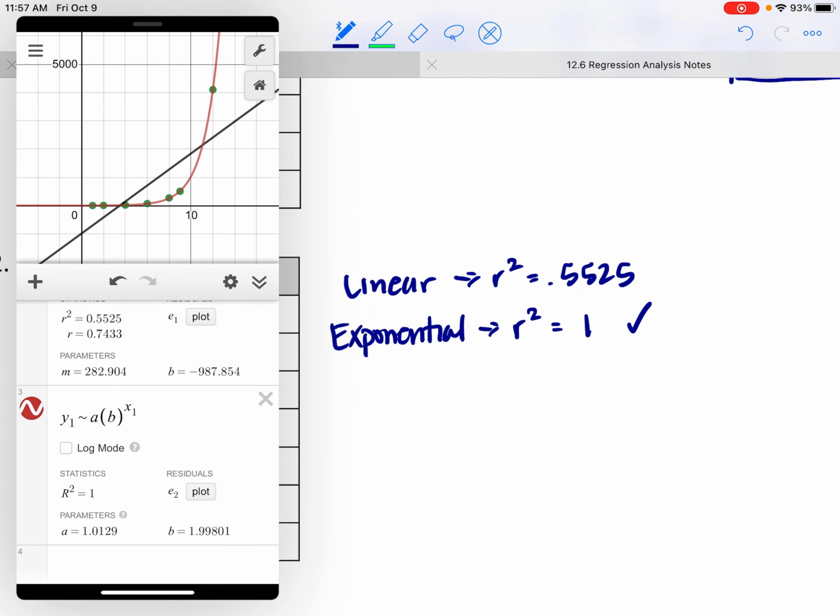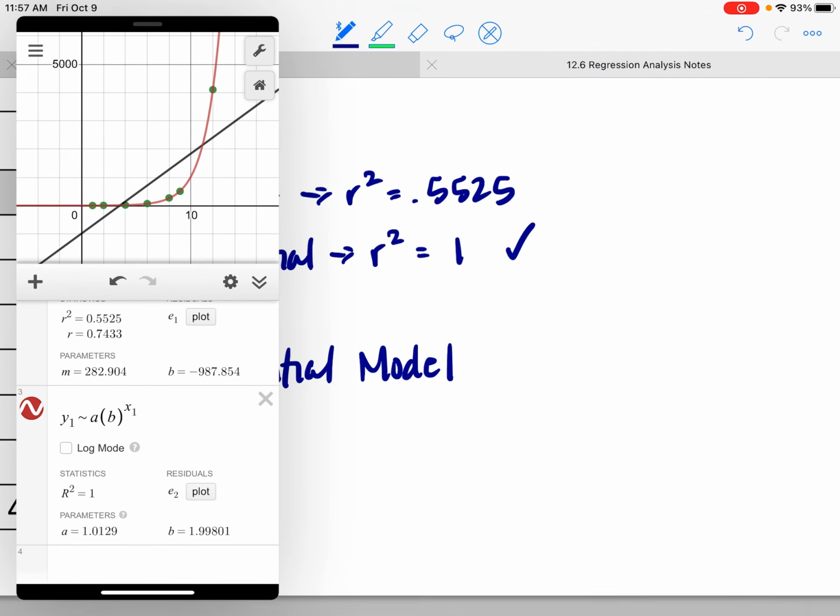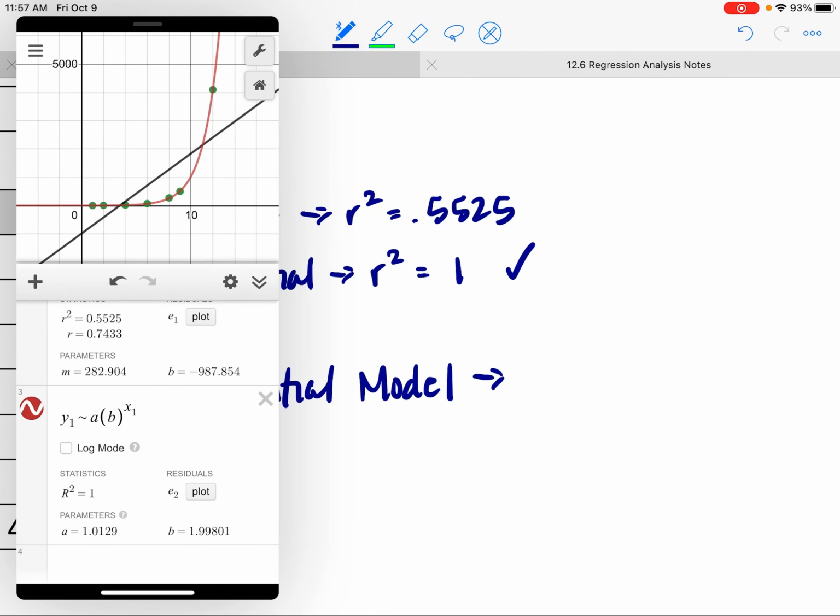So we're going to take our exponential model. And for the exponential model, we're going to use a and b this time. So a they're giving us is about 1.01. B is saying it's about 1.998. I don't want to round it all the way to 2, so I'm just going to keep an extra decimal there.